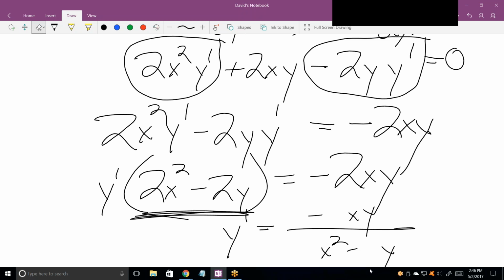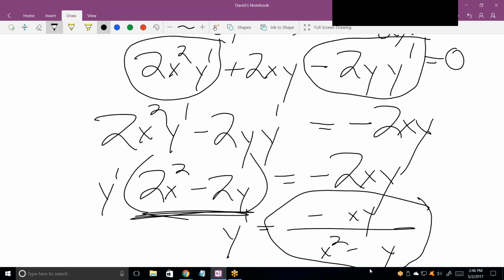There's your answer. Now, what's different about implicit differentiation is that you frequently get your answers in terms of x and y, not just x. When you explicitly differentiate something, you always get an answer in terms of x only. But when you implicitly differentiate, you frequently get an answer in terms of x and y.